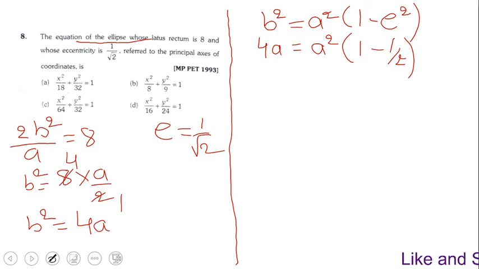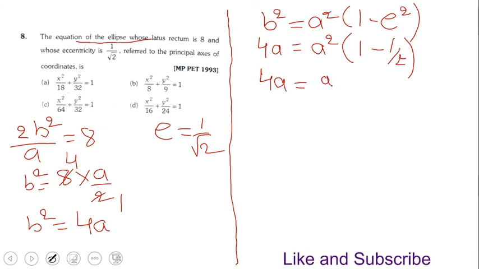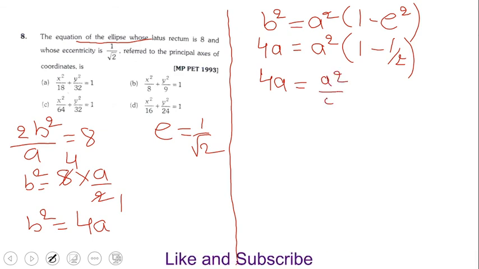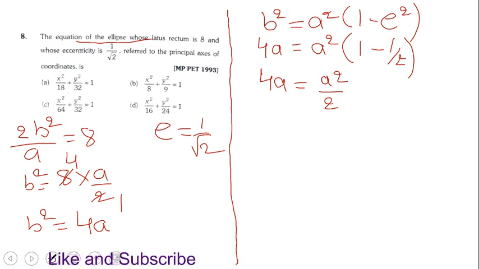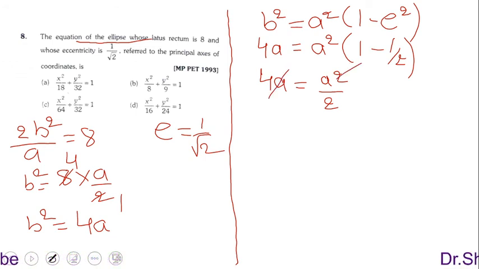So further, we have to simplify it: 4a divided by a square into 1 minus half, we get it as a half, so I take it as half into a square, which is a square by 2. Further, 1a and 1a get cancelled. So I write a solution for a. So 4 2s are 8 equal to a.